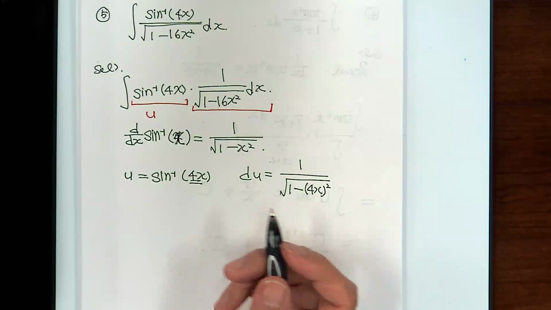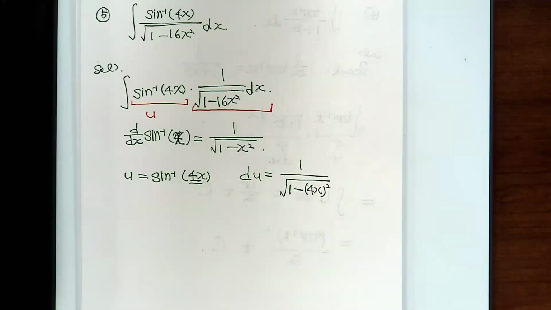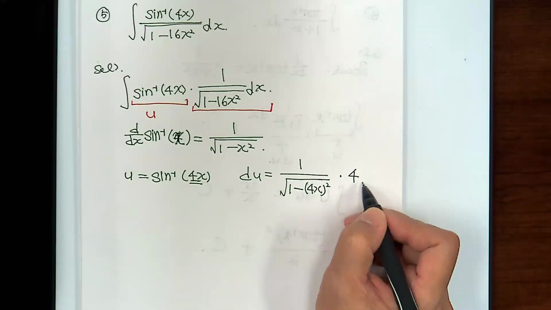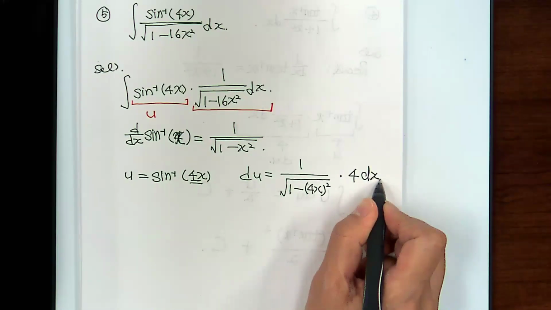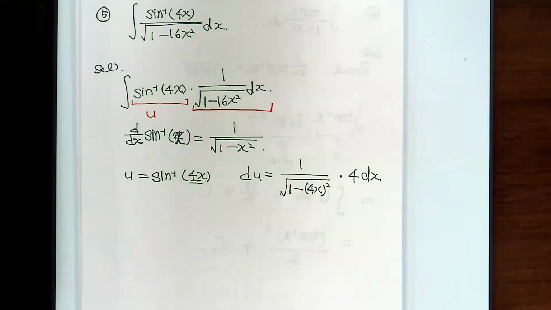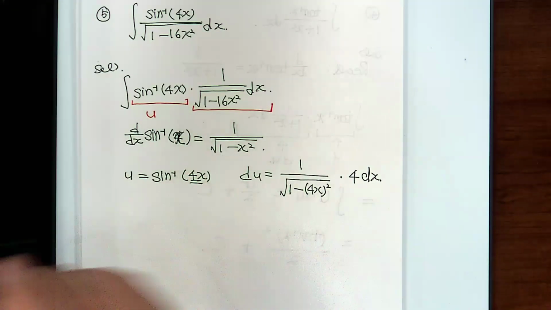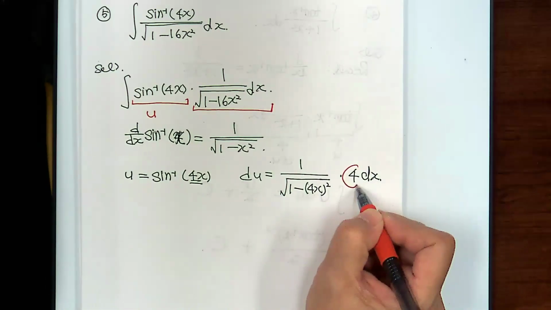But the inner function is not x, so this is a composite function. That means we have to multiply by the derivative of the inner function. So we have to multiply by 4 dx. So the difference between this one and this one is this number 4.